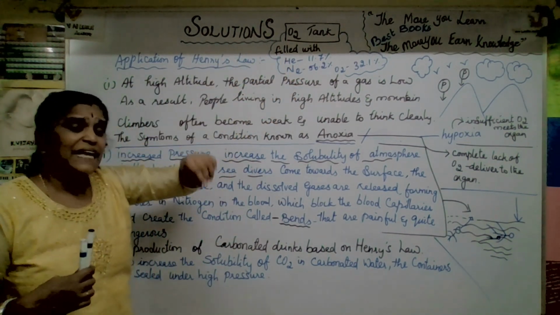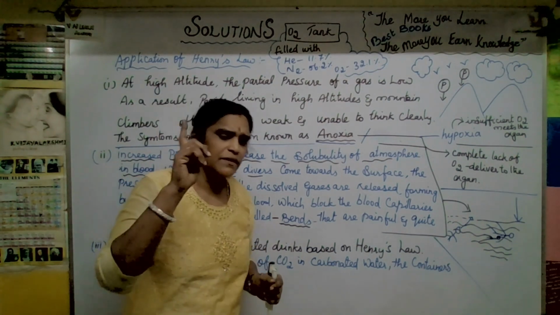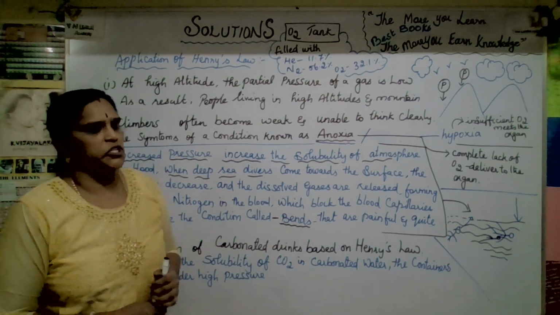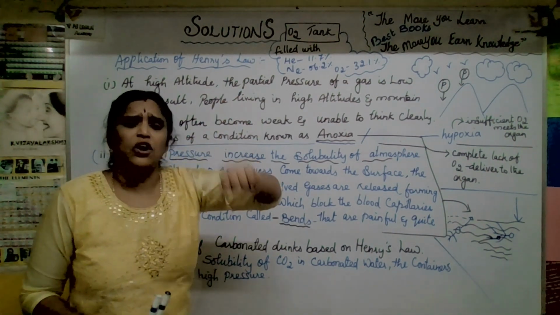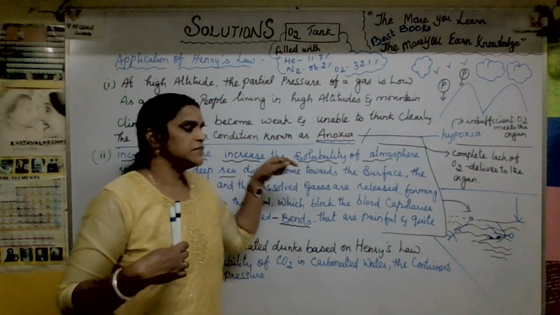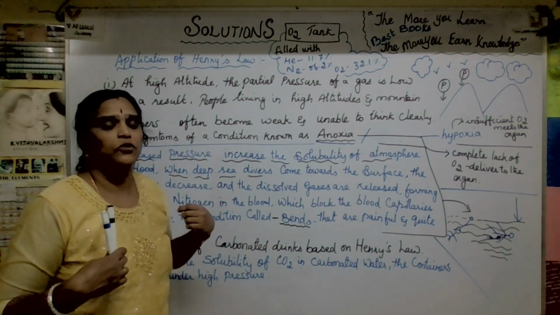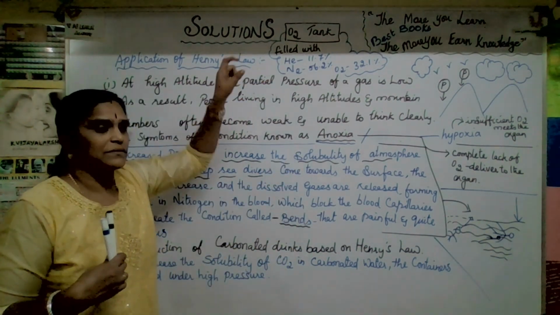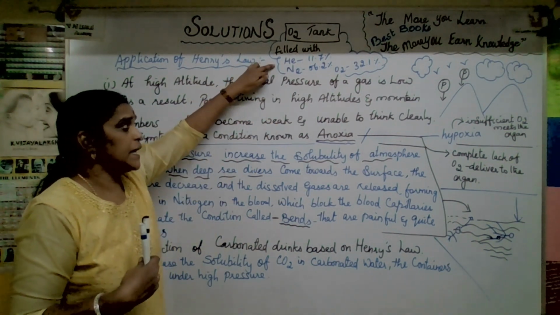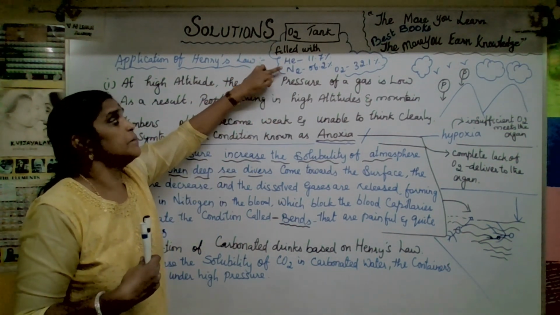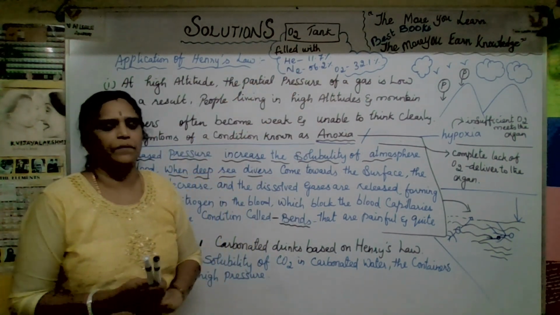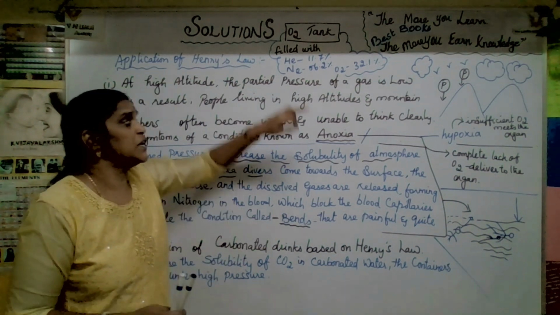What gases are filled in that oxygen cylinder? Definitely you will get that objective type question. Deep divers wear that tank, so what is the complete composition of the gases available? Helium, nitrogen and oxygen. These are the three main gases. What is the composition?